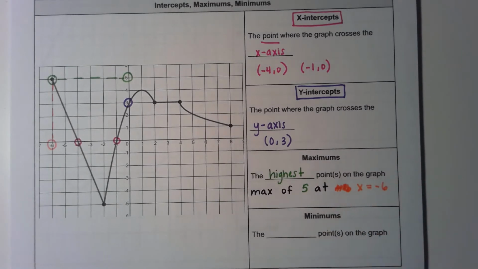When you're listing your maximum, instead of just listing the ordered pair, you need to say it almost like a sentence. It has a maximum of 5, that's the highest it goes, at x equals -6.